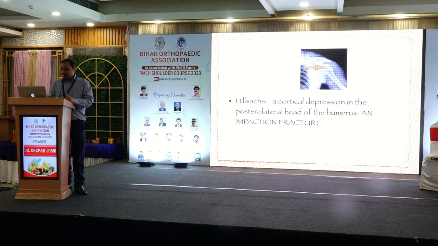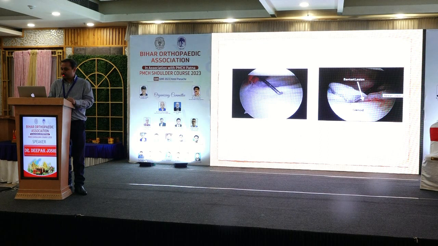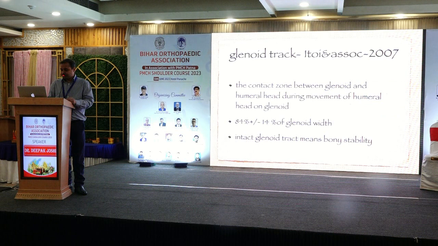The most important thing to know is that an anterior dislocation is not just about the Bankart lesion anteriorly, it is also about the Hill-Sachs lesion, which makes it a bipolar lesion. Anteriorly it's a Bankart and posteriorly it's a Hill-Sachs impaction fracture. This is how the Bankart lesion looks: on the left side is the normal labrum, and on the Bankart lesion, the torn labrum anteriorly.